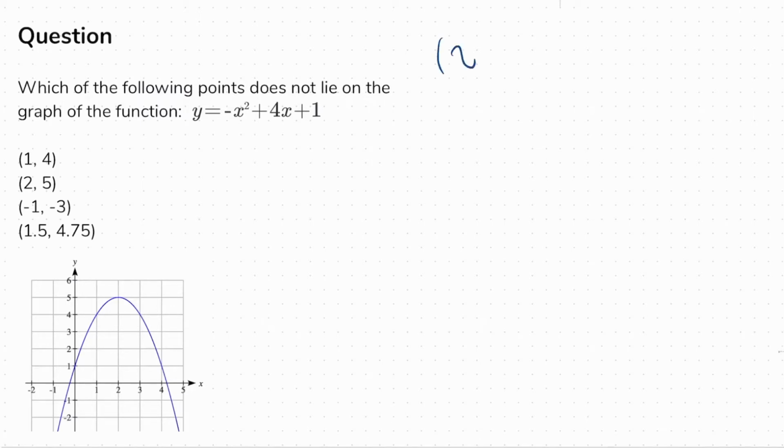Remembering that a coordinate is that for some x, right, for some x, it outputs some y. That's kind of the point of a function, really. So let us see y equal to, if x is 1, what I should expect to get is 4.